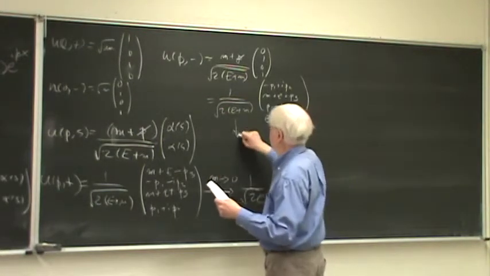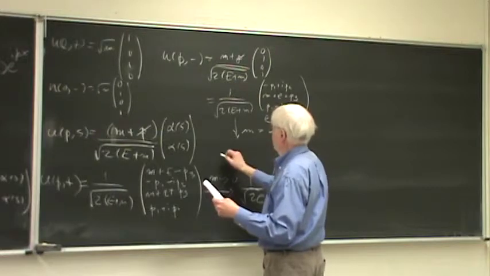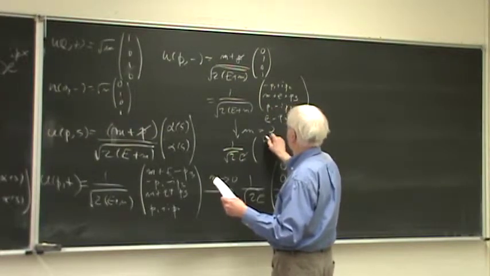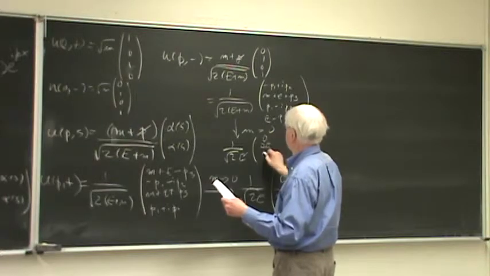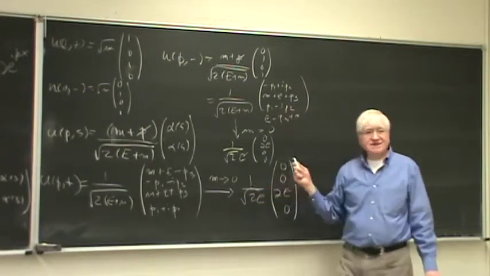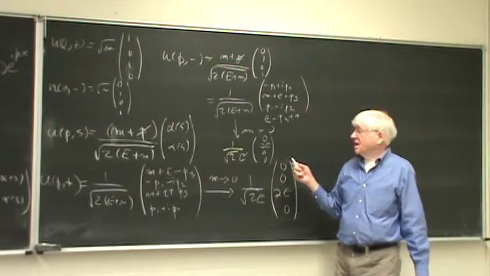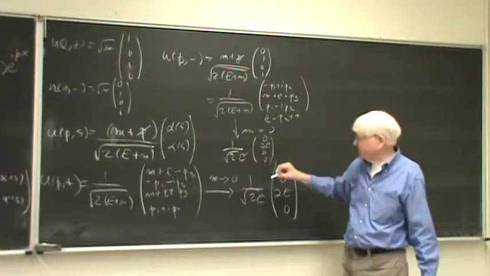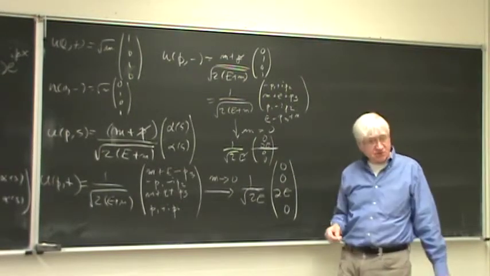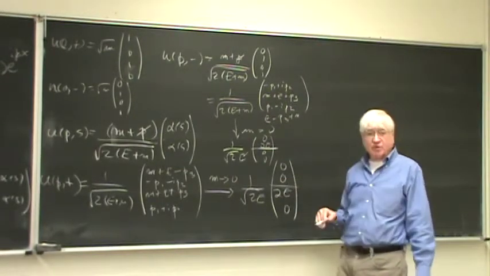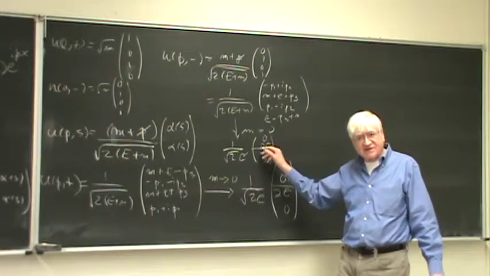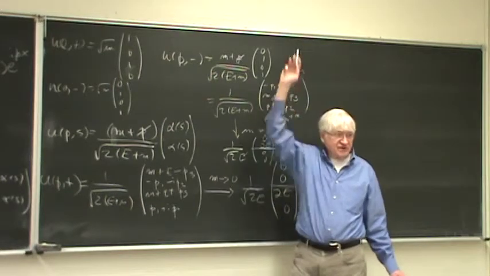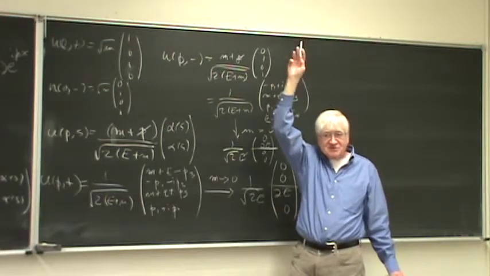Now if we again take the m equals 0 limit, we get 1 over square root of 2e, and then we get (0, 2e, 0, 0). So now it's the left-handed particle that can have spin down. So the left hand is the upper two components, the right hand is the lower two components. So the left-handed spinor can have spin down and move in the z direction.